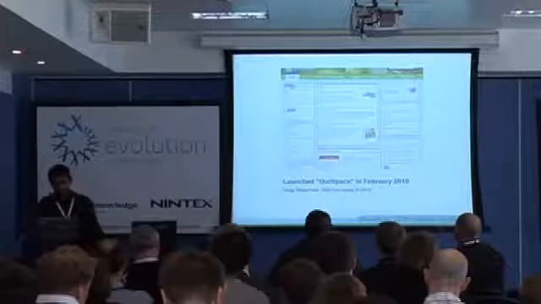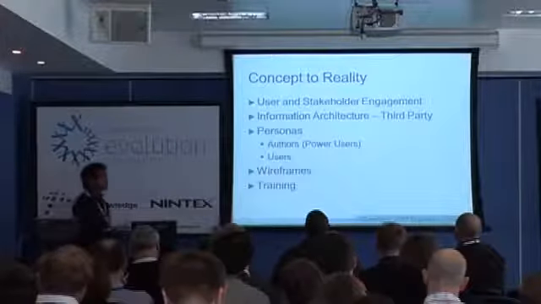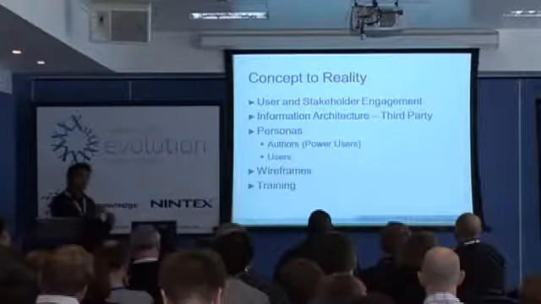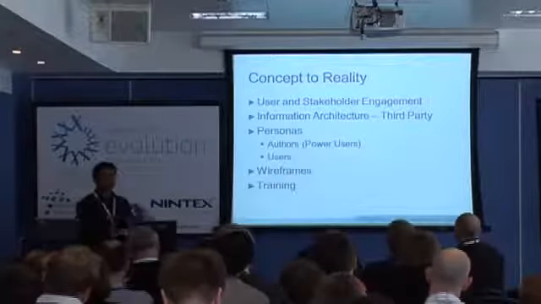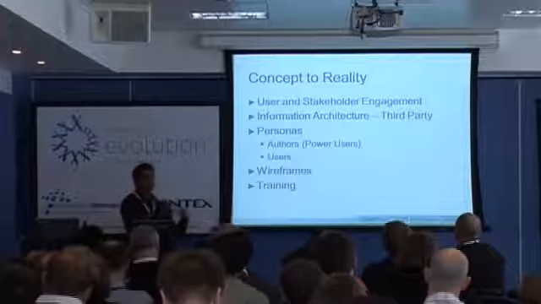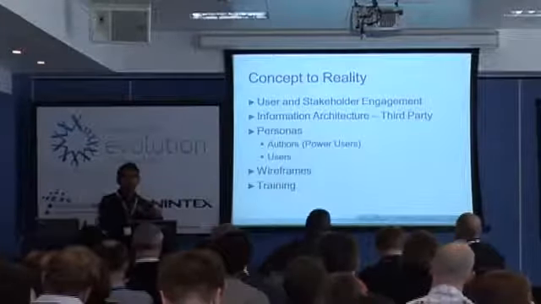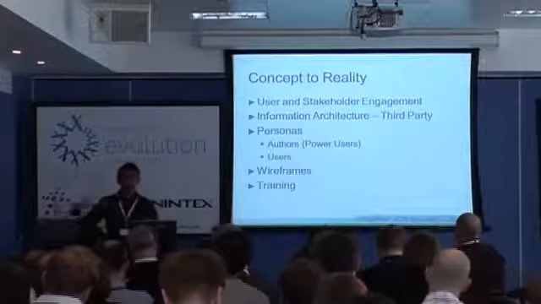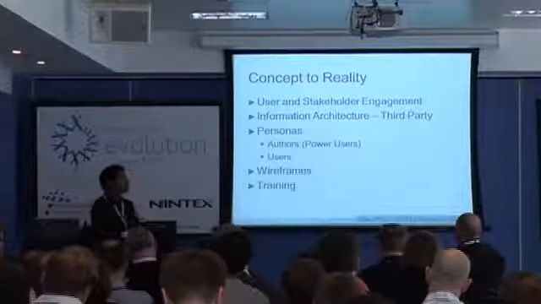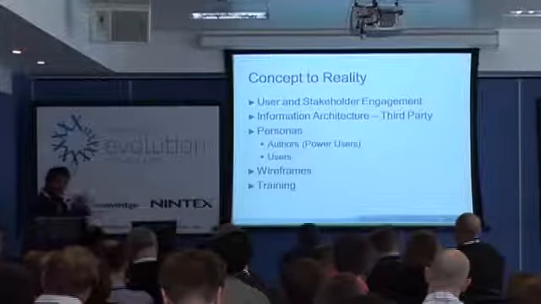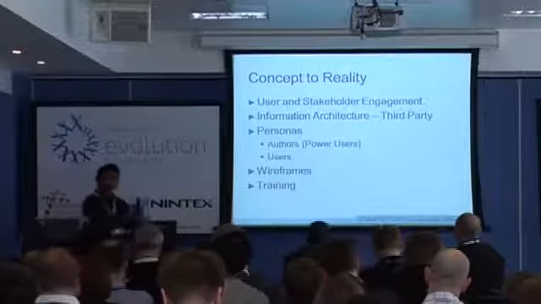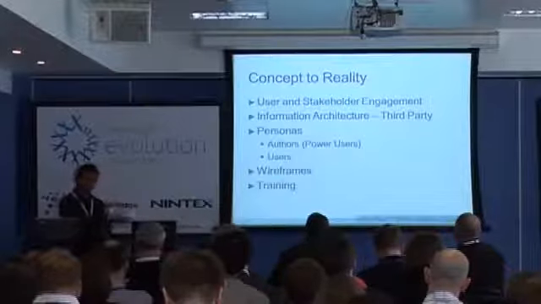So going from concept to reality, there was a lot of user and stakeholder engagement, meaning that we spoke to people who were going to be content managers, spoke to people who are going to be departmental leads who had accountability for creating content, and got all the information architecture done via a third party. Created personas.